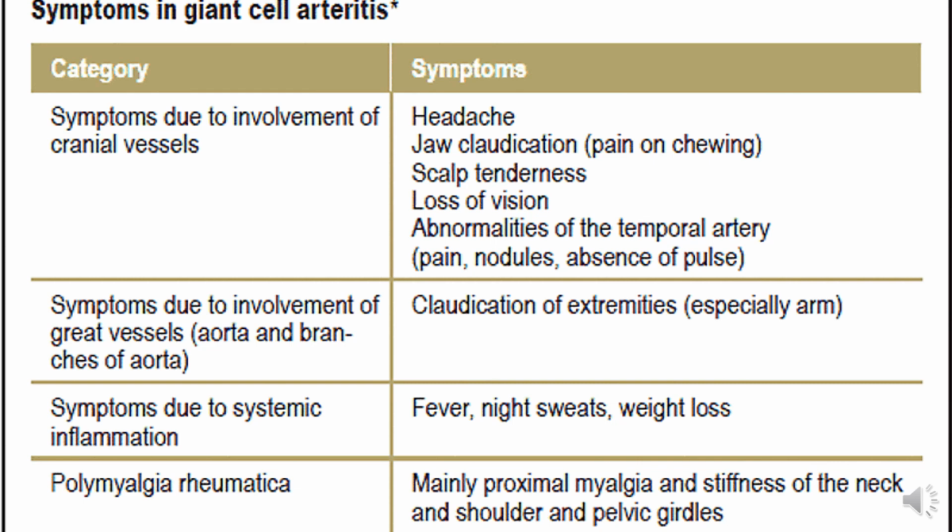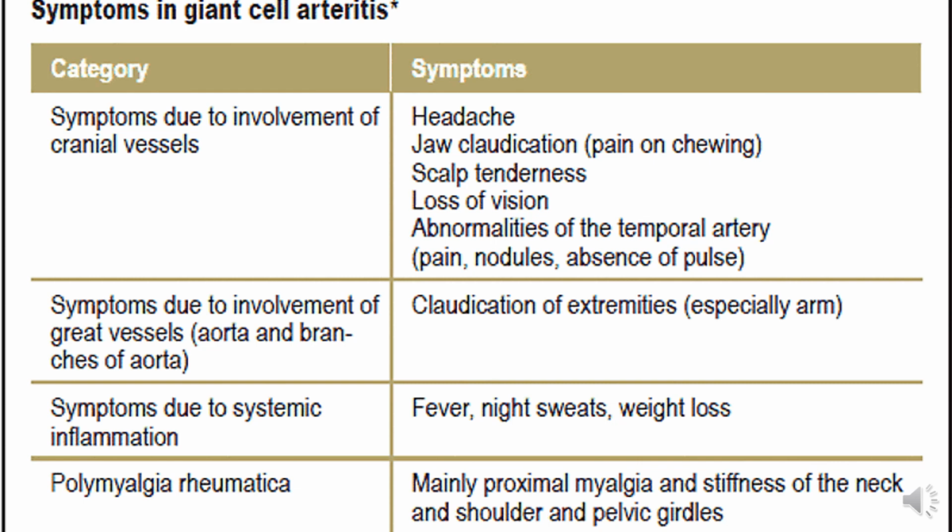Clinical manifestations of giant cell arteritis: symptoms due to cranial vessel involvement, new onset headache, jaw claudication or pain on chewing, scalp tenderness, abnormalities of the temporal artery, pain, nodules, absence of pulse, loss of vision. Symptoms due to involvement of great vessels, aorta or branches, claudication of extremities, generally upper.